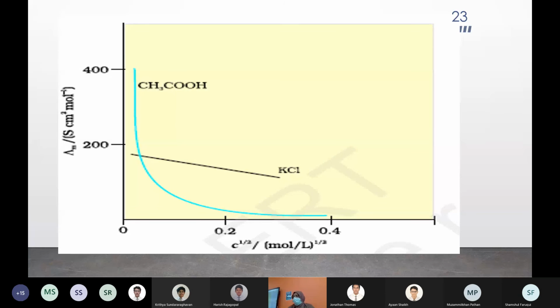So in the beginning, when you prepared a solution, 10 molecules are undergoing ionization. Now when you are diluting, maybe 50 or 60 molecules are ionizing, meaning the number of ions increases, which increases the conductance. That means it can carry more current. So that is the reason for the sharp, steep increase in the molar conductivity graph for weak electrolyte. Clear?